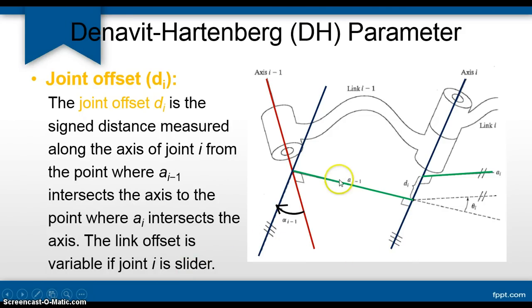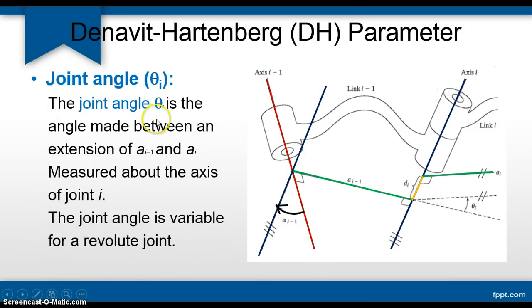So we have link length a i minus 1 which intersects at this point, and similarly the next link length a i which intersects at this point. So the joint offset or link offset is identified as d i on the axis i, given by this particular distance, shown in yellow color.